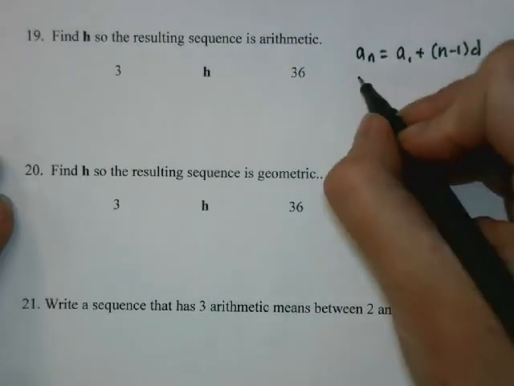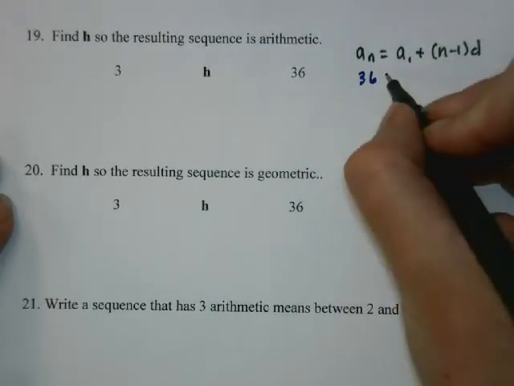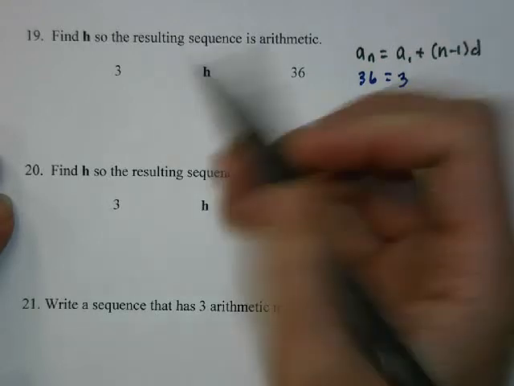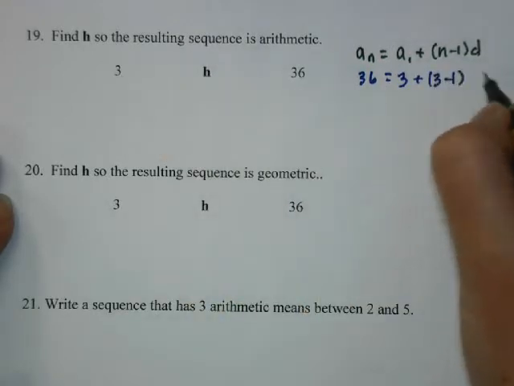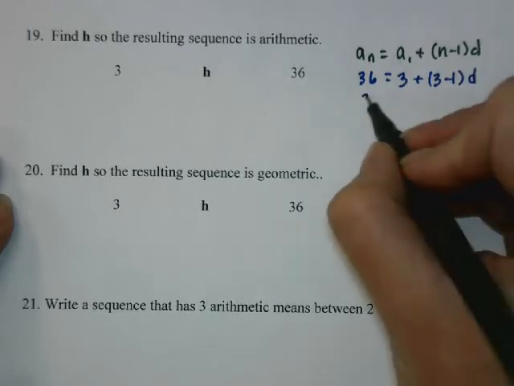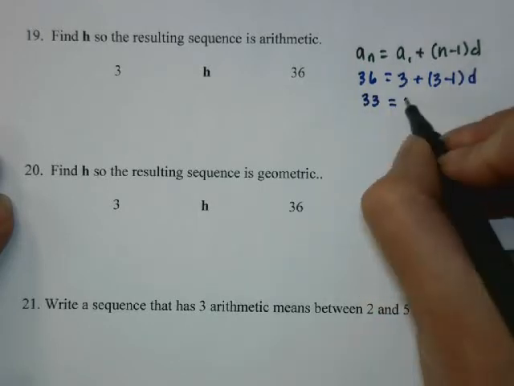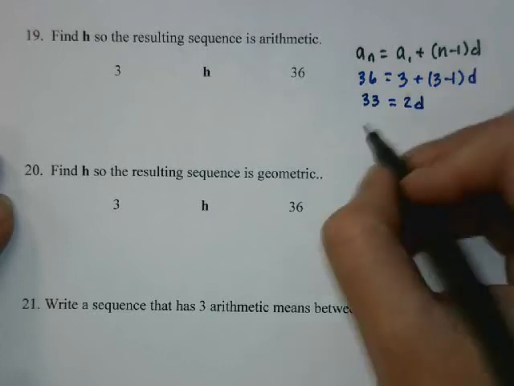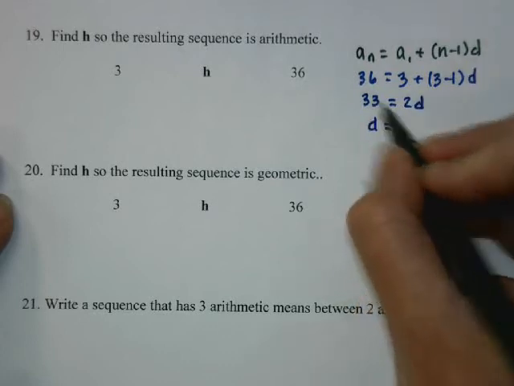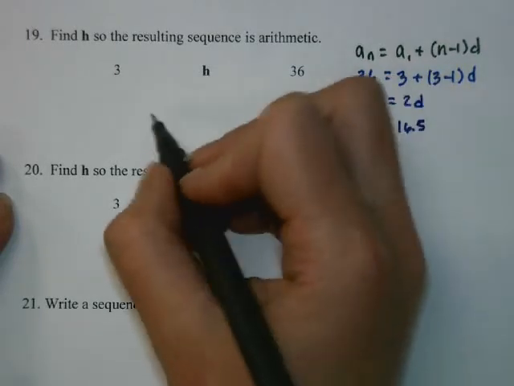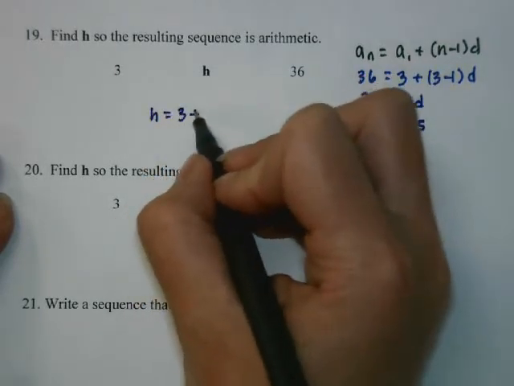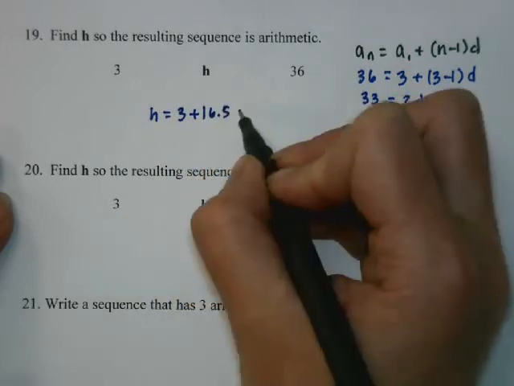So 36 is going to equal a1 is 3, so this is a1, a2, a3, plus n is 3. So 33 equals 2d. So my d is going to be half of 33, which is 16.5. So my h is going to be 3 plus 16.5, which is 19.5.